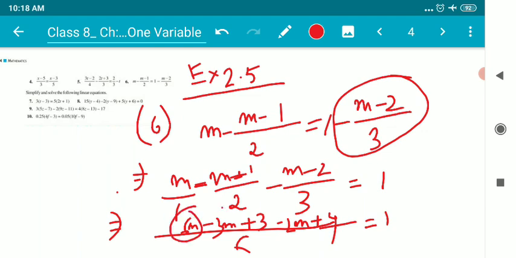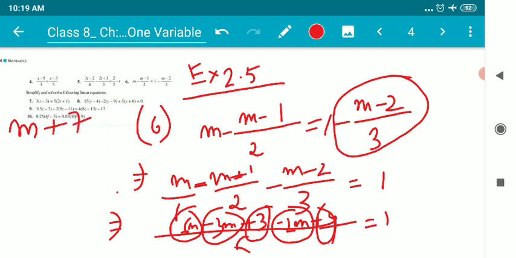6m minus 3m is how much? It is 3m. 3m minus 2m is how much, children? Only 1m, isn't it? Now next is what? 3 and 4. 3 and 4 to be added is 7. What is the denominator? The denominator was 6 before, so I have to write 6 as it is equal to 1.